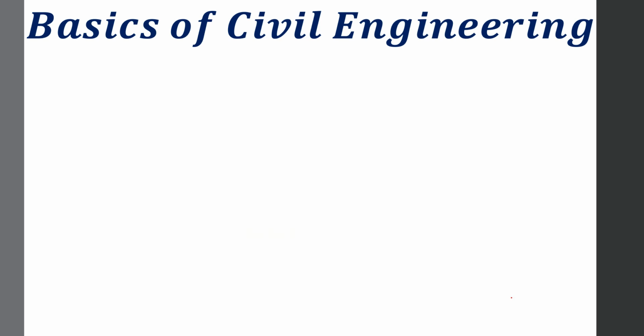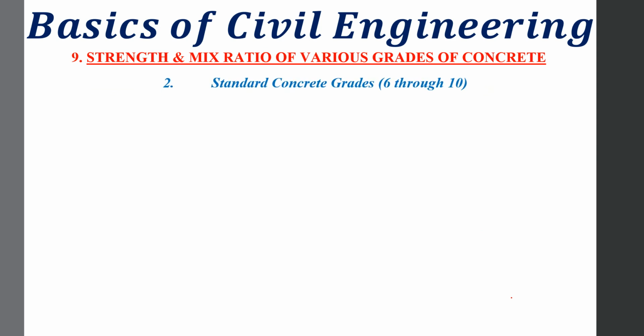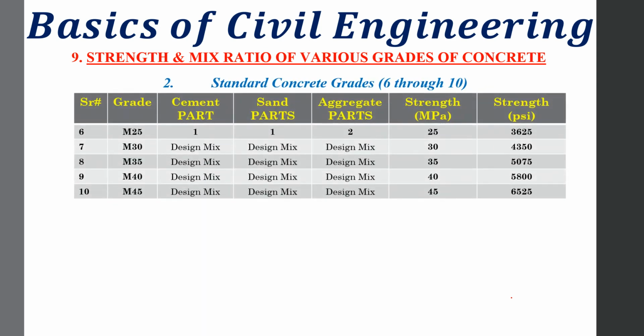The next grade of concrete is standard concrete grade. The standard concrete grades also have 5 nominations, M25 through M45, meaning its strength will be 25 megapascals for concrete cylinders, then 30, 35, 40, and 45 megapascals.